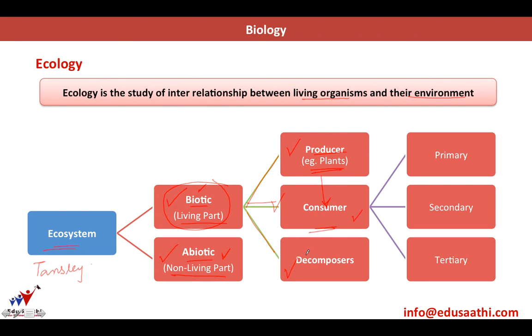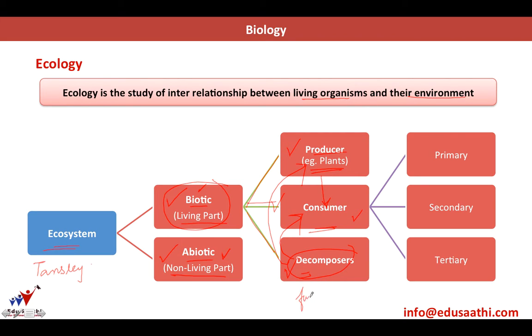And the third one we have is decomposer. Decomposers are the ones who decompose the dead producers and consumers and change them into physical elements. So decomposers work upon dead consumers and dead producers and convert them into physical elements.